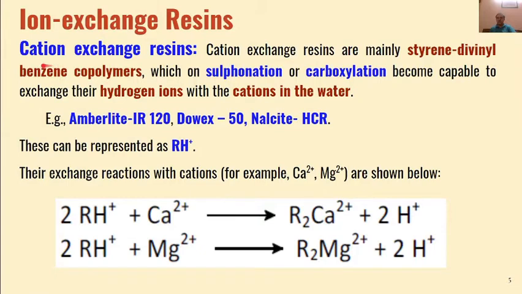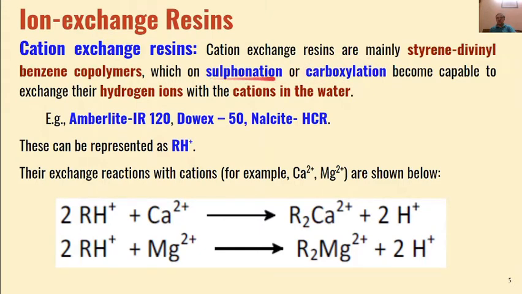Then, as I've told you, these ion exchange resins are of two types: cation exchange resins and anion exchange resins. The cation exchange resins are mainly styrene-divinyl benzene copolymers, and the functional group present on these polymers, as I have told you, is a sulfonic acid or carboxylic acid.